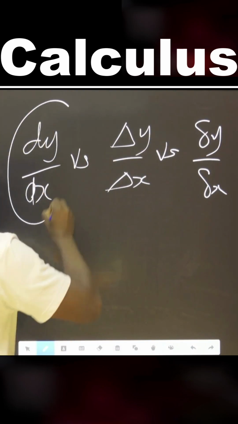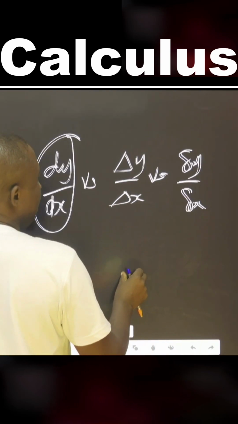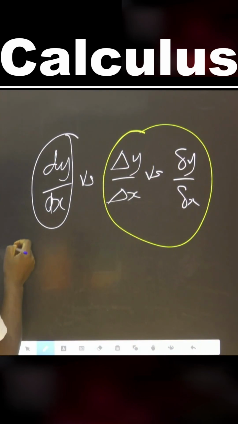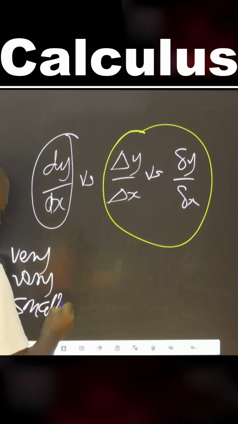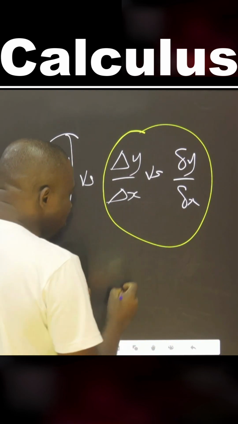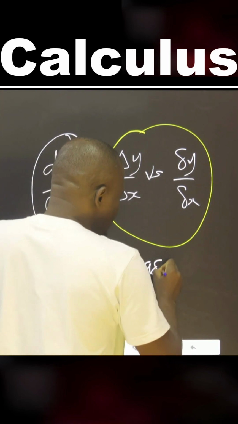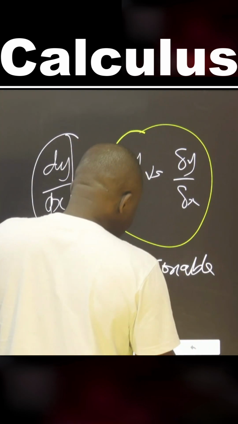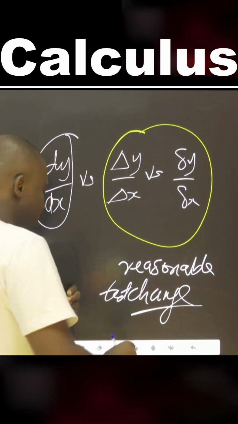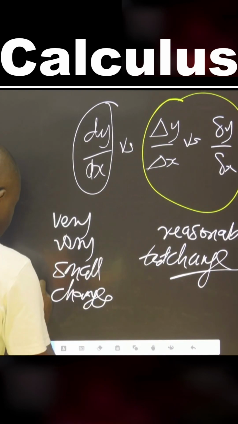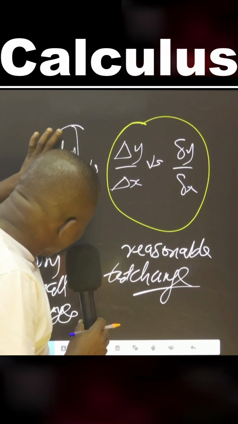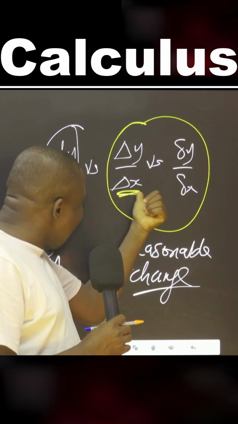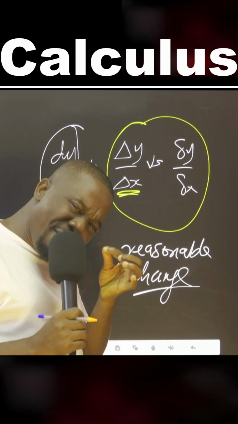But for this group, this is what? Very, very small differences or changes. Why is this reasonable? Rate of change. So that is rate of change. Okay? So that is the difference. So this one represents this guy when this guy is disappearing, when it's becoming very small.